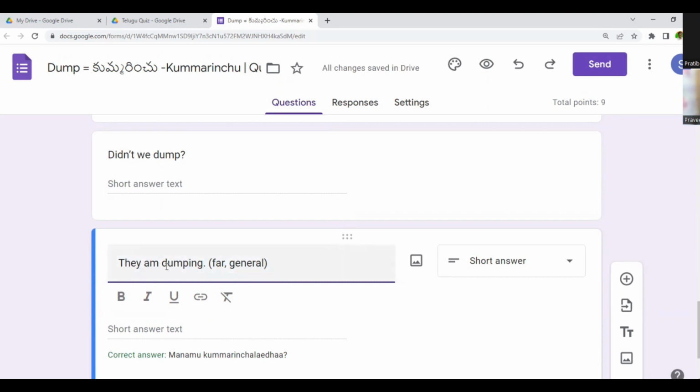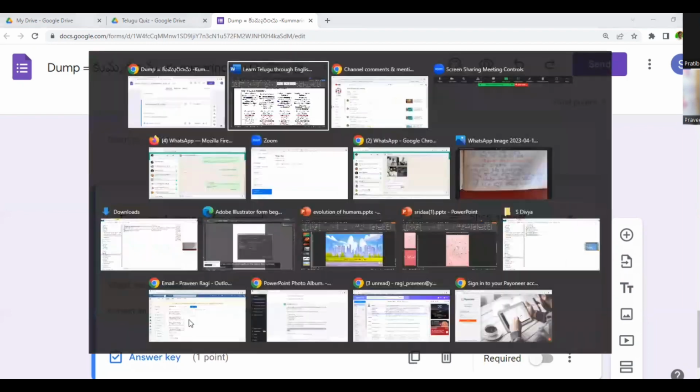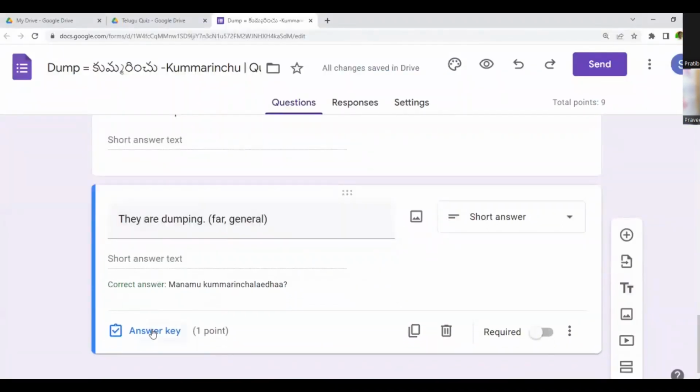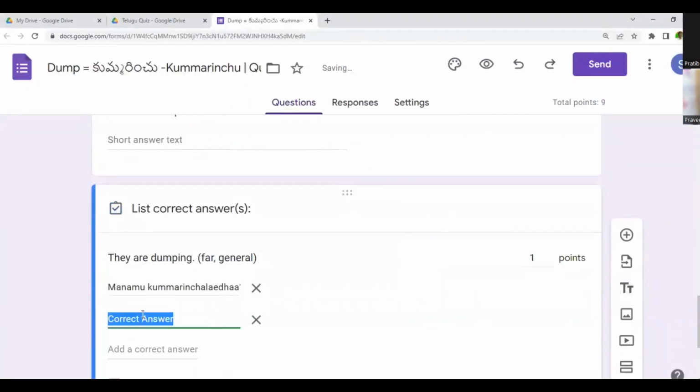Okay. Now, can you try the translation? They are dumping. Okay. Look at this one and try. నేను కుమ్మరిస్తూ ఉన్నాను. వారు ఉన్నారు.